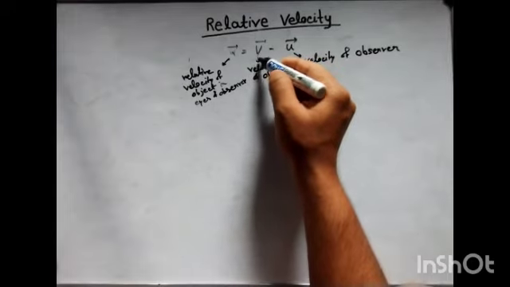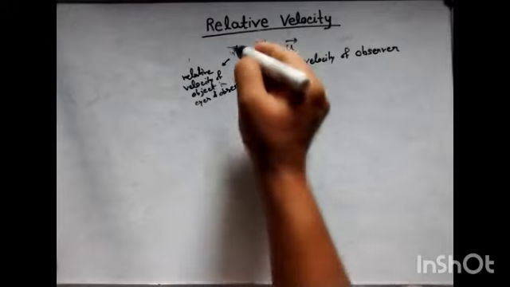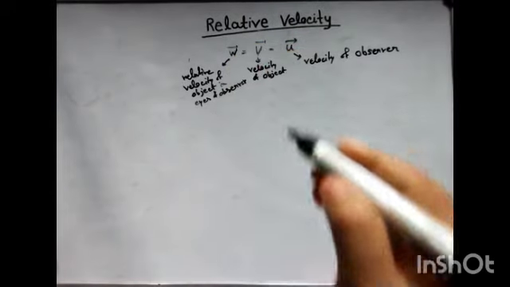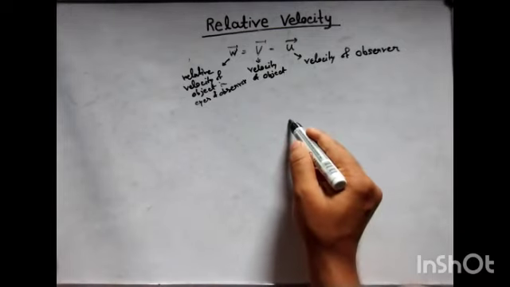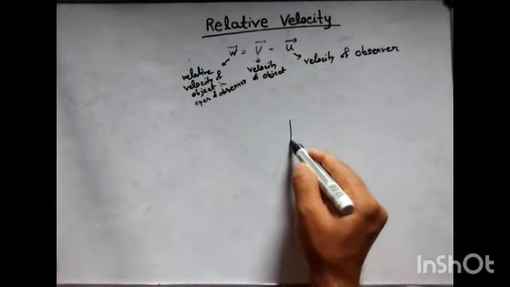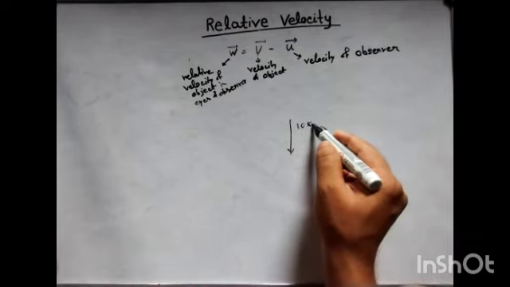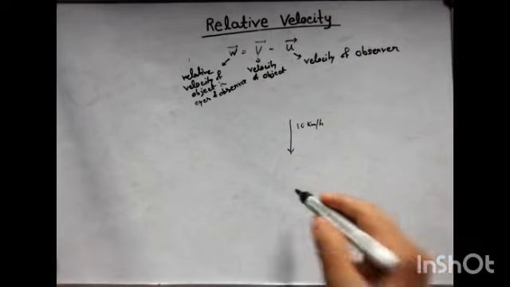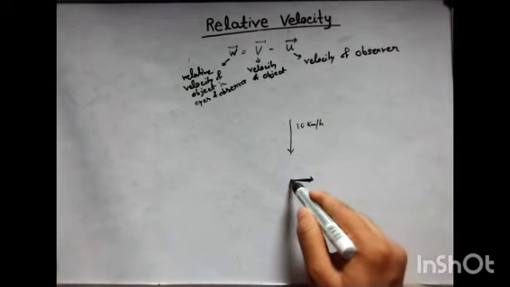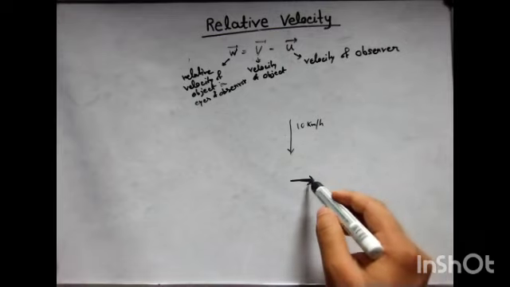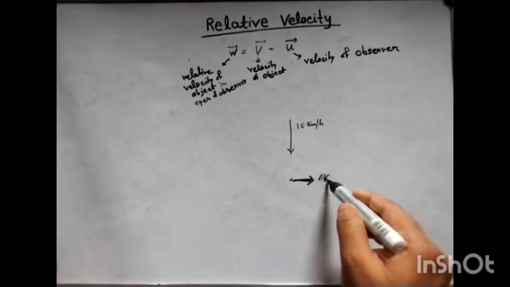Okay, now suppose rain is falling vertically downwards with 10 kilometer per hour speed, and a man is moving towards east with 4 kilometer per hour speed.